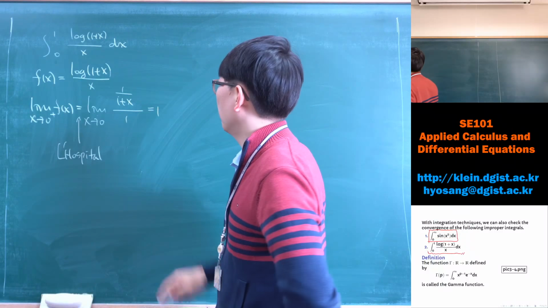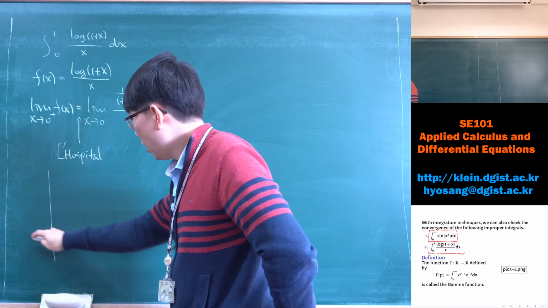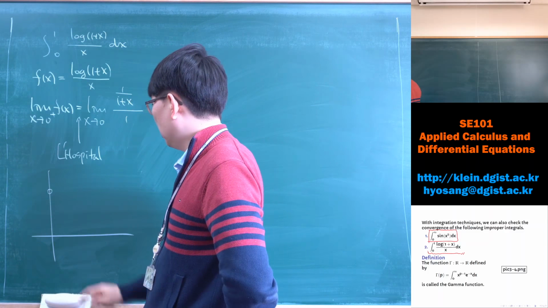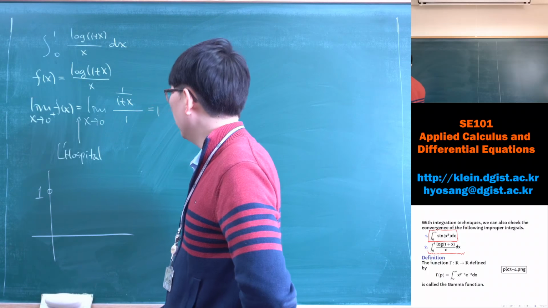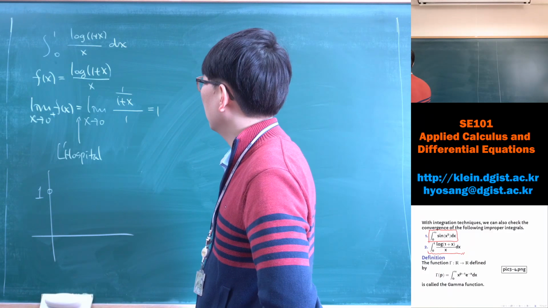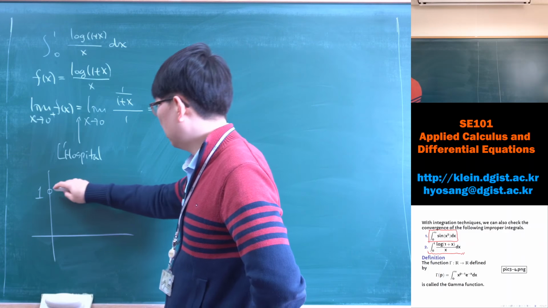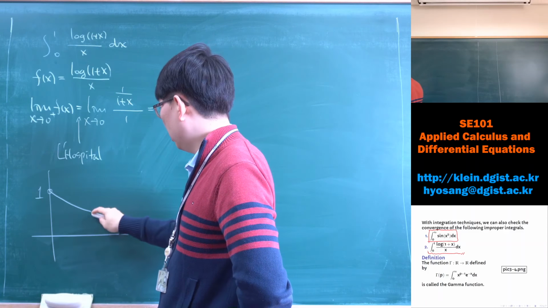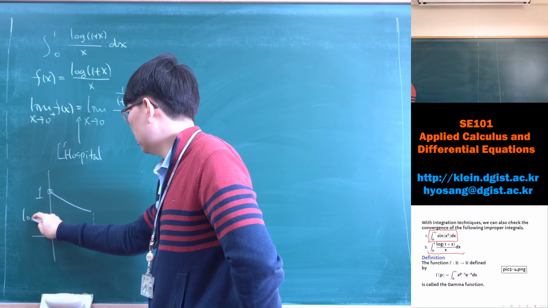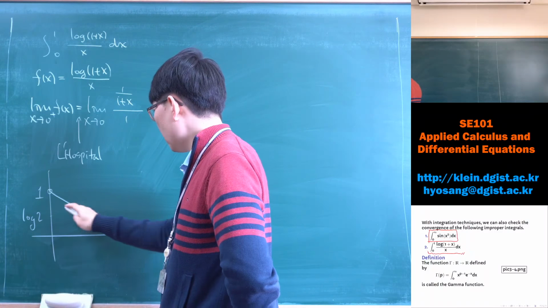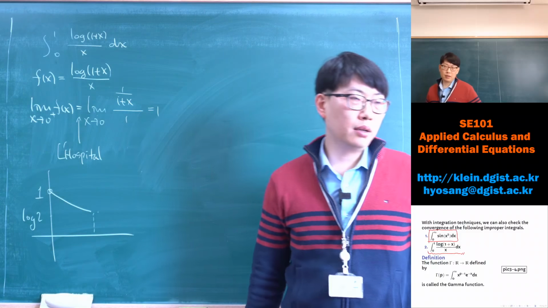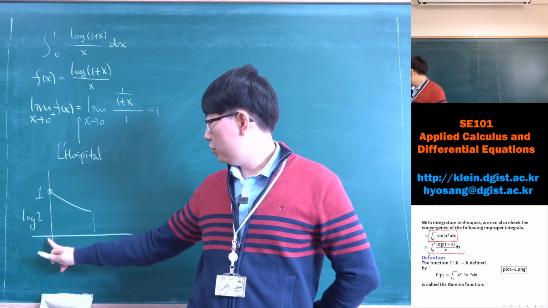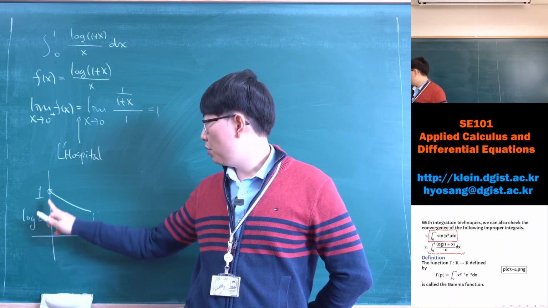So this is 1. If you draw the graph of this function, it is not defined at 0, but has the limit value 1. And it somehow decreases, and when x becomes 1, it becomes log 2, right? So this actually looks like a continuous function, if you assign the value of the function at x equals 0 as 1.